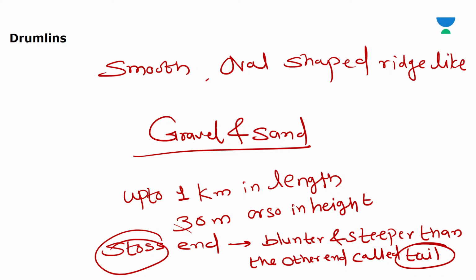The drumlins formed due to dumping of rock debris beneath heavily loaded ice through fissures in the glacier. So the stoss end gets blunted due to pushing by moving ice. Now drumlins give an indication of direction of glacial movement.